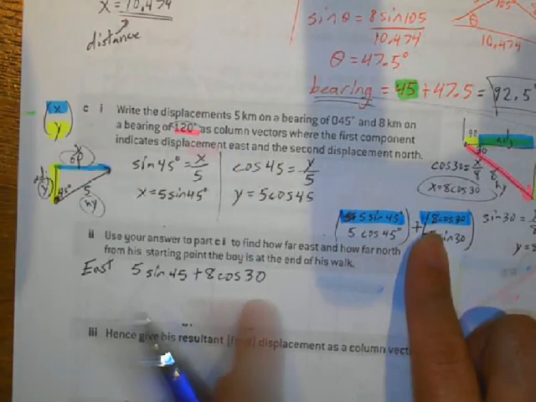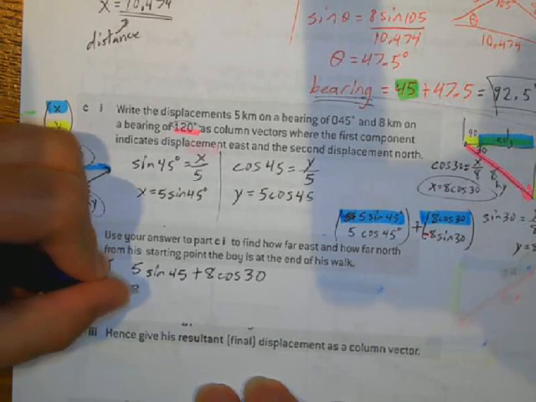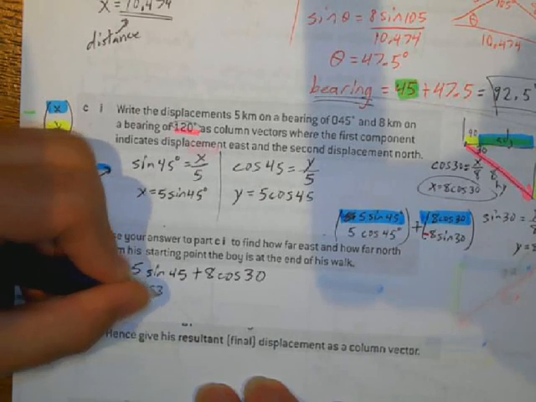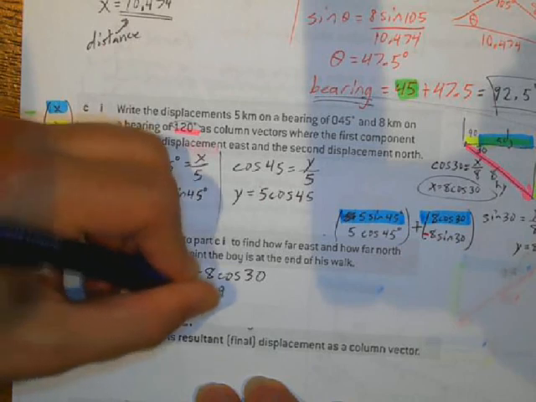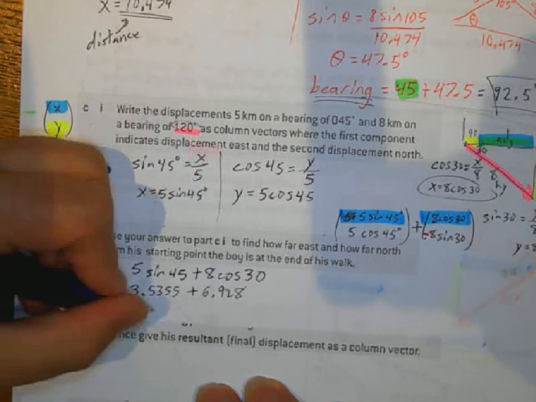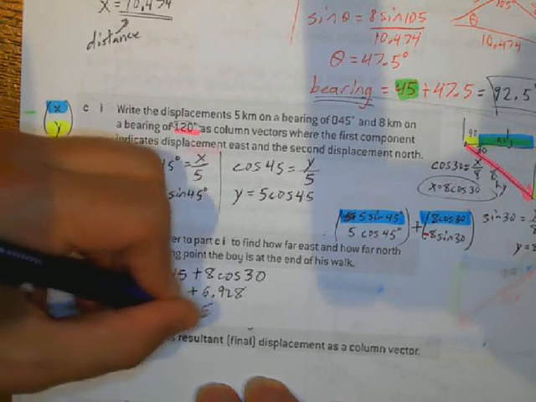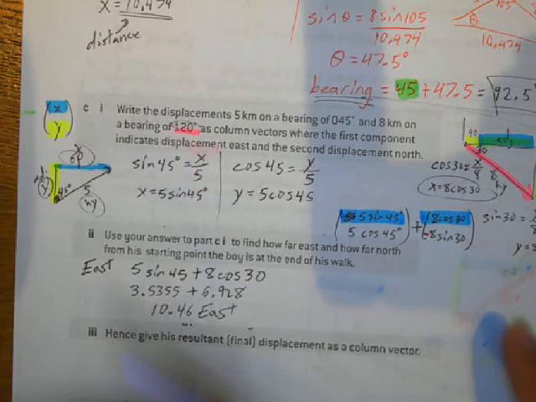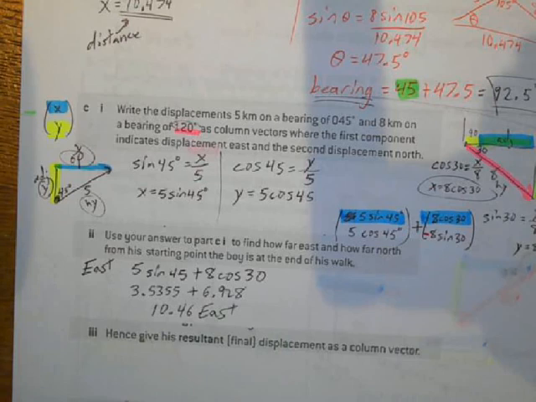And that tells us how far east we go. If I plug that into my calculator, I get 3.5355 plus 6.928. And we get 10.46 east. Okay, because we're going this way and then we're going this way.